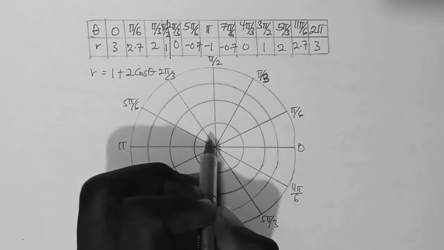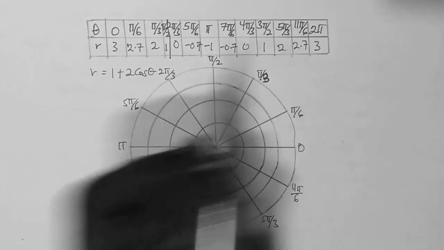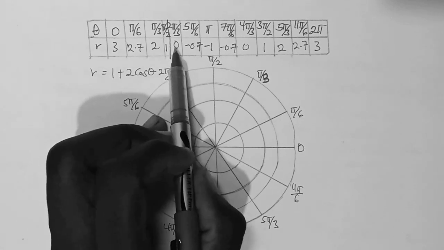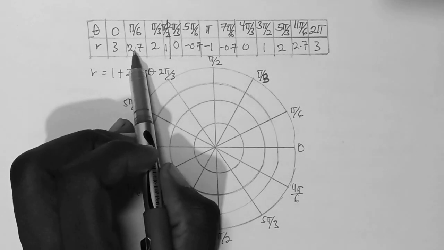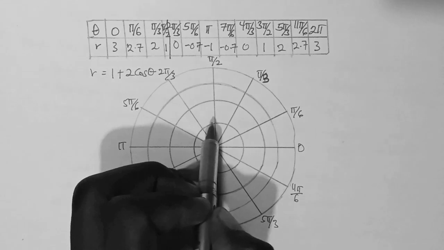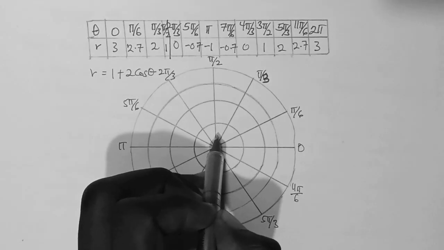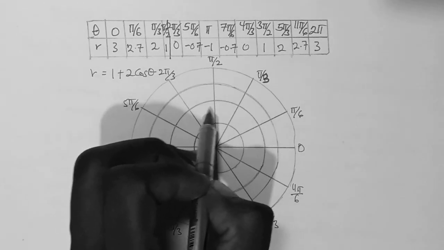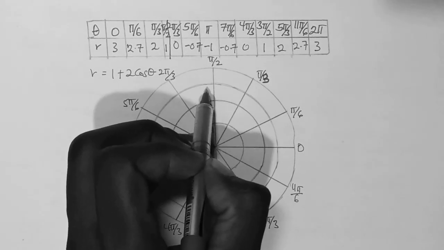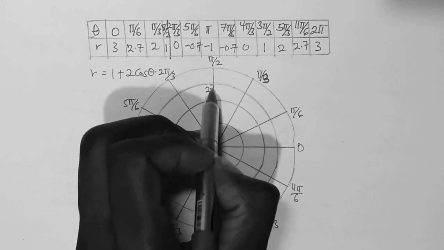However, we know that from the r values, we have 0, 1, 2, 2.7, and 3. So here is 0, 1, and here is 2, 2.7, it's here, and then 3.